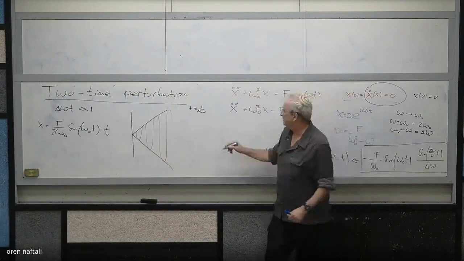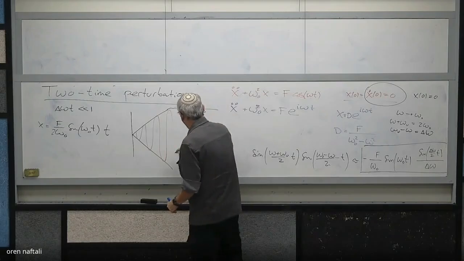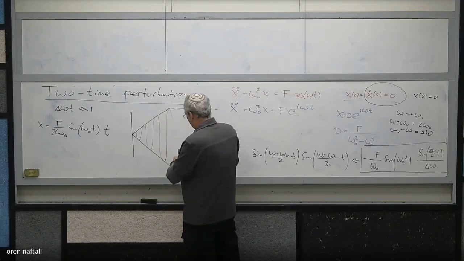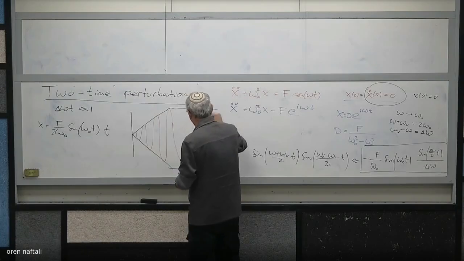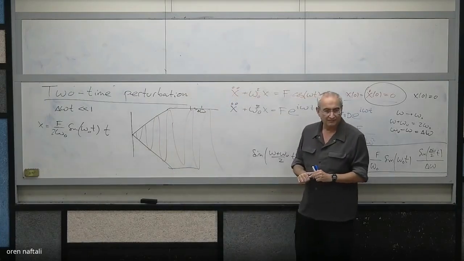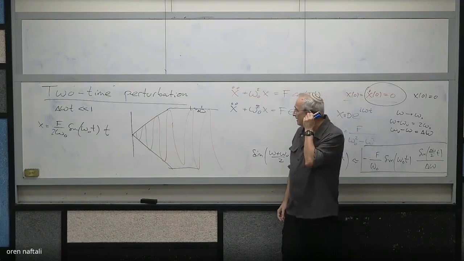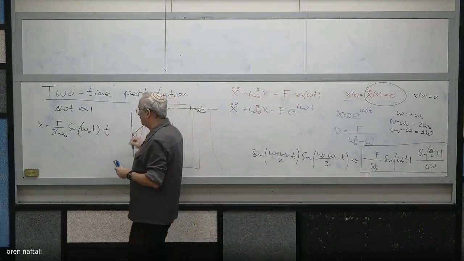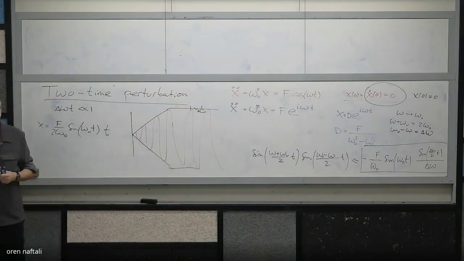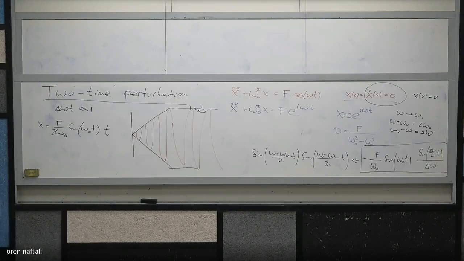This implies that I have something like that, and this is going like this. This is how the solution of this oscillation looks.